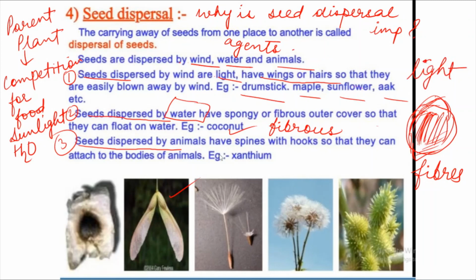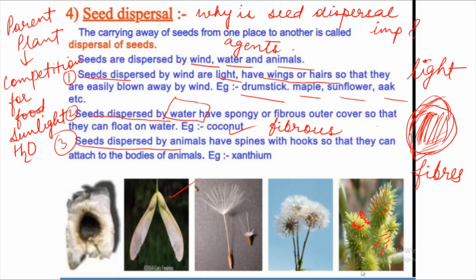Next is the last one, children, that is seed dispersed by animals. Now here, for the seeds to be dispersed by animals, they must have spines. As you can see, this is the xanthium diagram, children. This is the diagram of a plant known as xanthium, and it is a spiny plant.